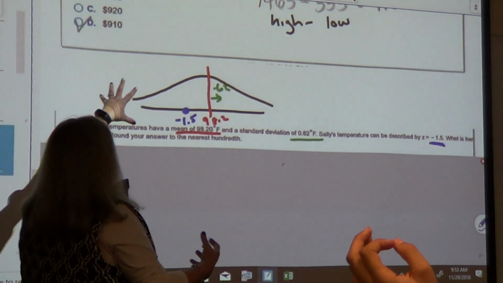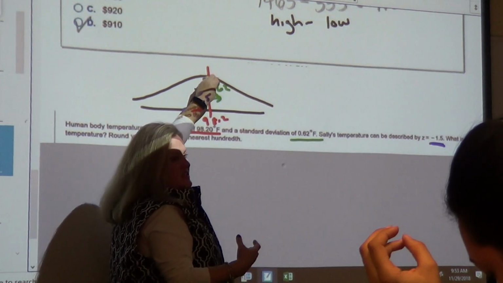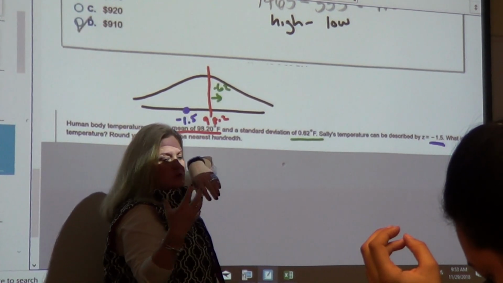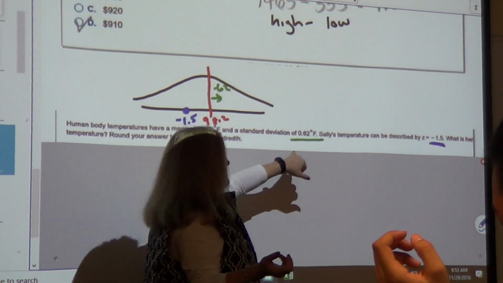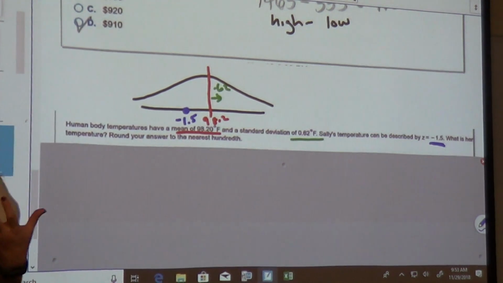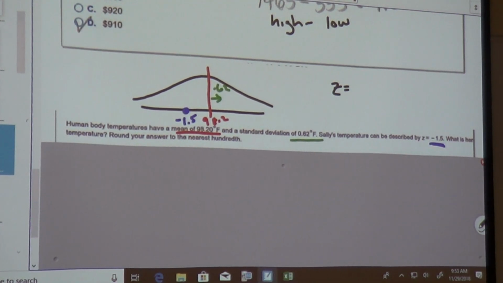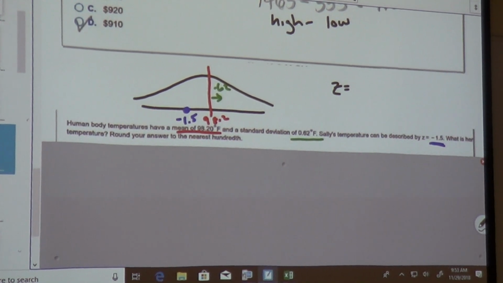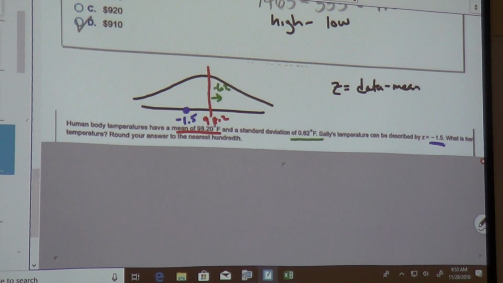So I'm not doing any shading. I'm not doing probability. I'm not doing percentage under the curve, which means I'm not doing a normal CDF or an inverse CDF. I'm talking about z-score. So do we remember the formula for z-score? What does z-score equal? Is it data minus mean or divided by standard deviation?